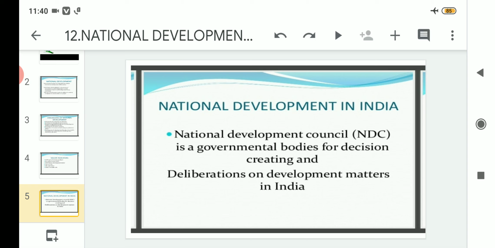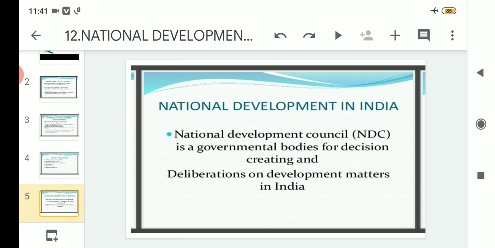Now, related to national development is the National Development Council. The NDC is a governmental body. That means it is a part of the government, and it looks after 2 things. One is decision creating, and number 2 is deliberations on developmental matters in India.